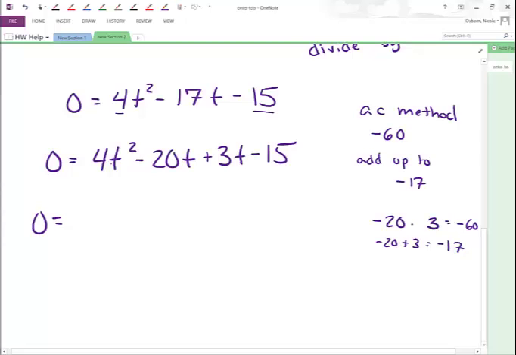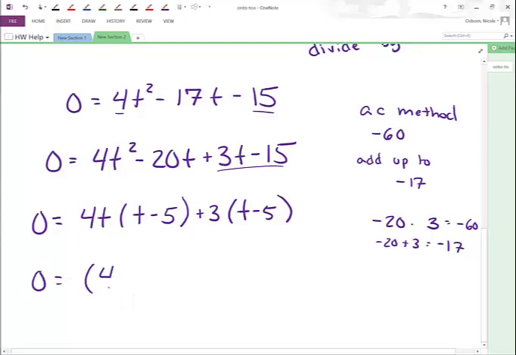So I look for the greatest common factor between 4t squared minus 20t, and I can factor out a 4t. That gives me t minus 5. And I can factor out a 3 from each of these two terms here. That gives me positive 3, t minus 5. And thus this factors out to 4t plus 3 times t minus 5.